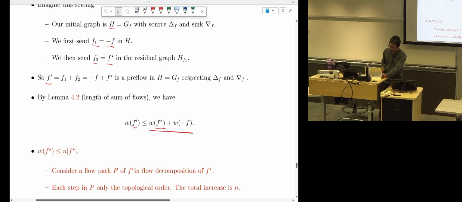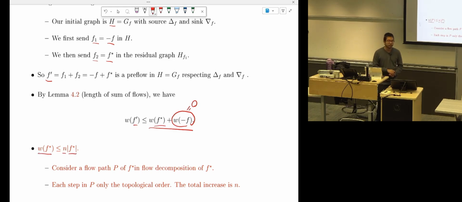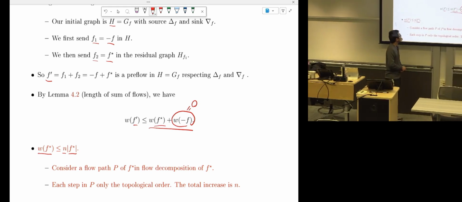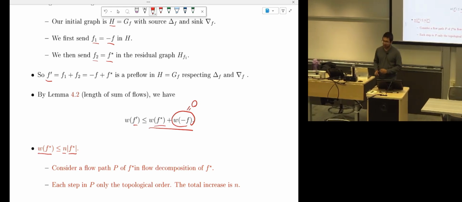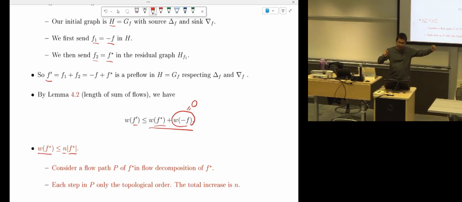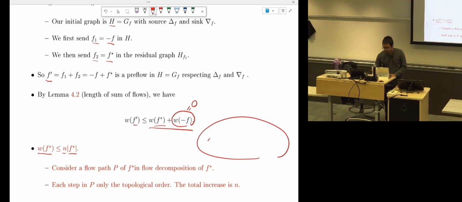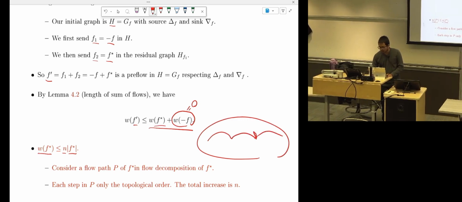But now, here's the difference. We get this is 0, like before. But I claim that this part is at most n times this. Why? This is because, just look at the flow f star in the DAG. The flow in the DAG goes forward in topological ordering.